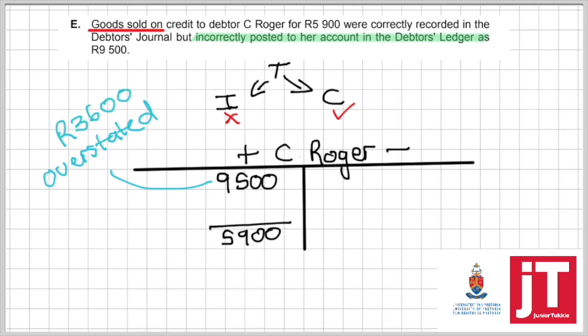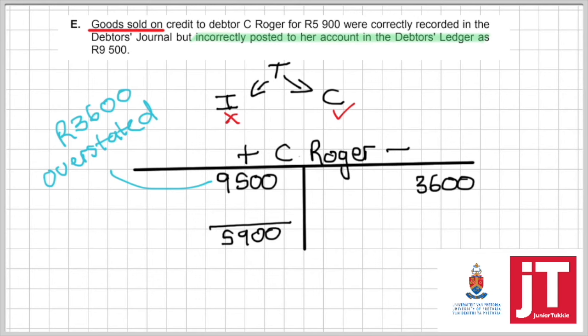So we said she owes us more money than what she actually does. So to correct this, we need to credit her account. We need to deduct it with 3,600 to show that she's actually only bought goods for 5,900.